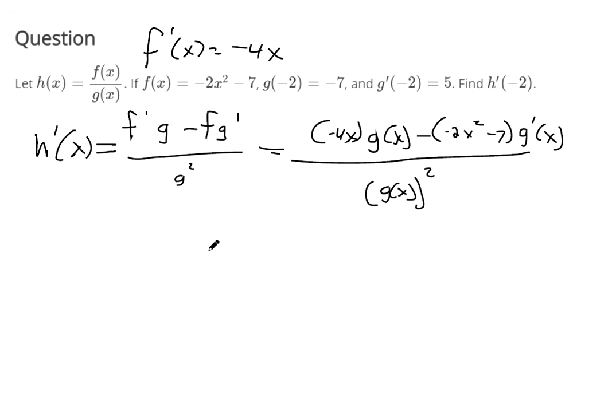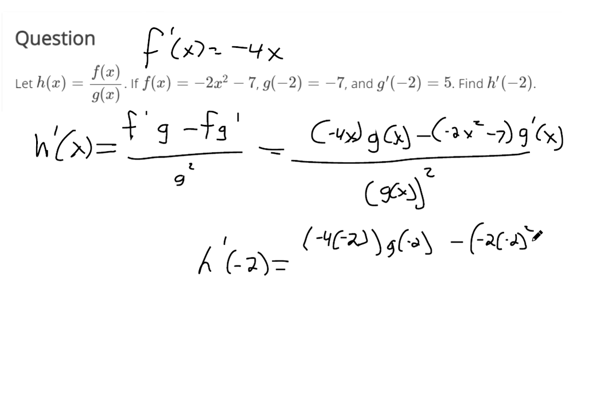We don't know what that is, but we know what the x value is that they're plugging in, and then they give us some particular known values. If you plug in negative 2 everywhere where you see an x, you get g of negative 2 minus negative 2 times negative 2 squared minus 7 g prime of negative 2.